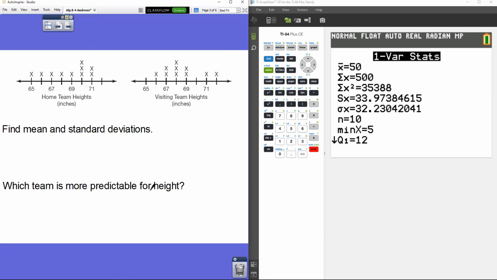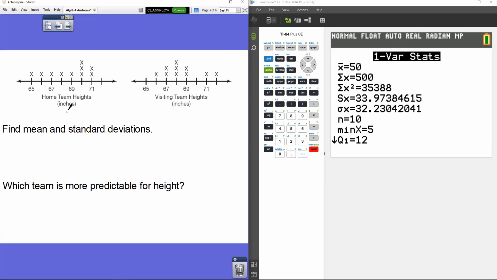Sometimes you'll have to find them from a dot plot. So again, remember, for our dot plot, we would have to type in 65, 66, 67, 68, 69, 70, 70, 70, 71, 71 to find all of your data. All right, you'd have to type it into L1 and L2.